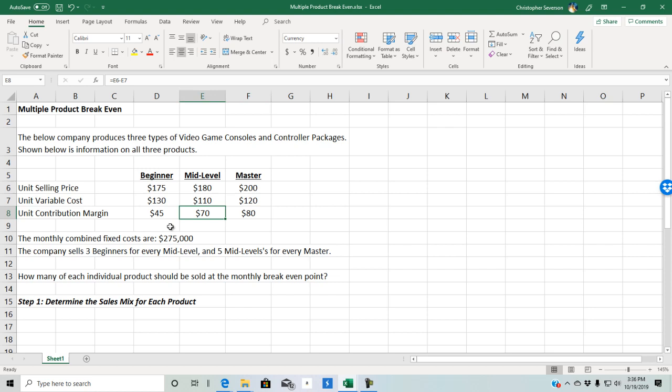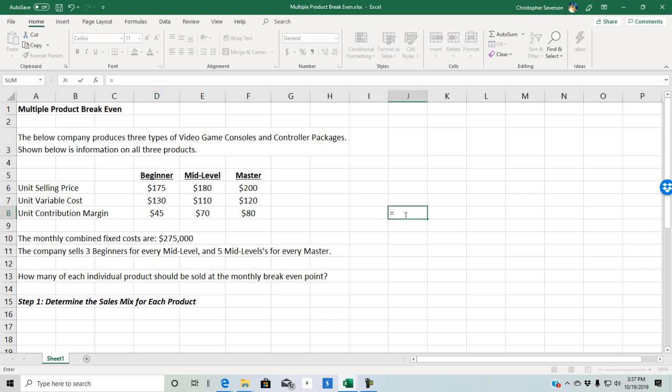Now, break-even point, what they're going to tell us is they have a combined fixed cost for the entire company, and it's $275,000. If we normally had the break-even point, just a one-product calculation, we would be taking the fixed cost of $275,000 divided by the unit contribution margin of $45, and let's just do that.